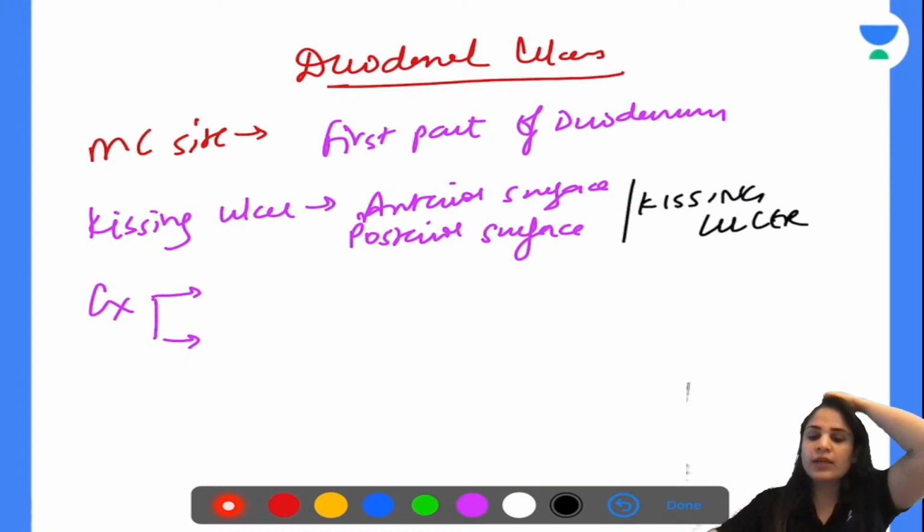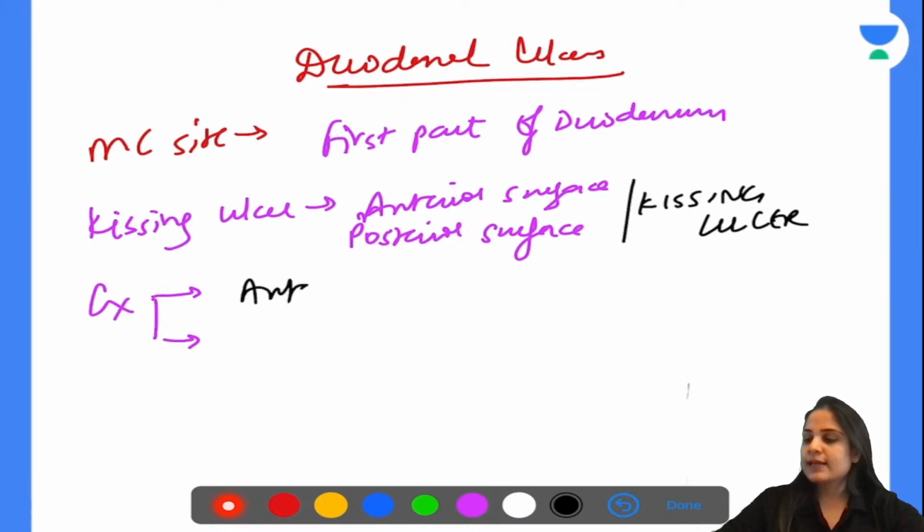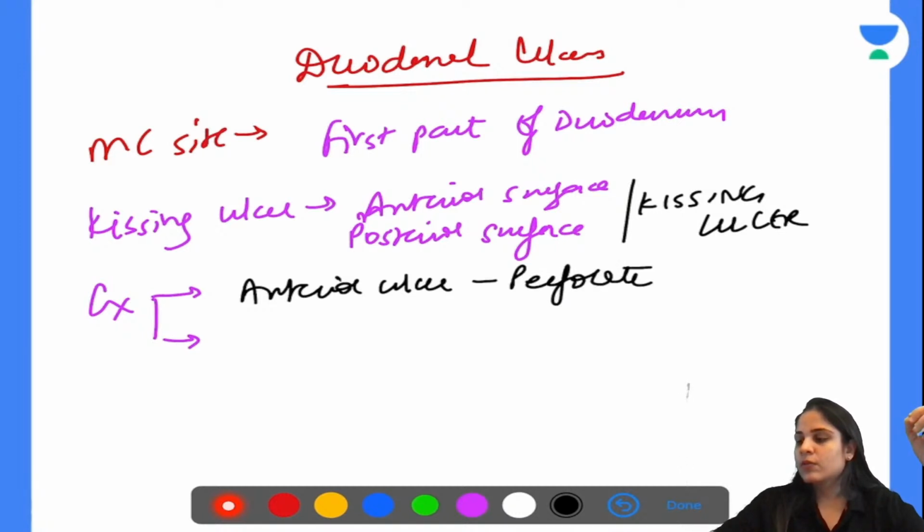And based on this only, you have the complications of duodenal ulcer. Your anterior ulcers, the duodenal ulcers present on the anterior surface of the duodenum, the complication that occurs with them mostly is that they perforate. While your posterior ulcer will try to go into the blood vessels.